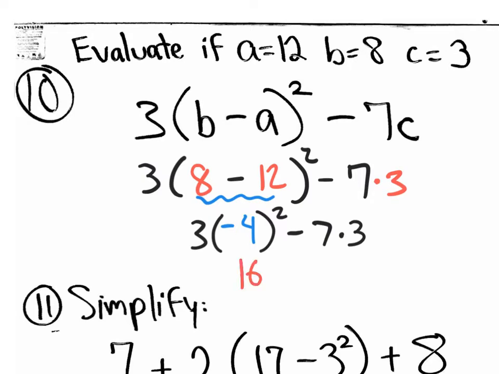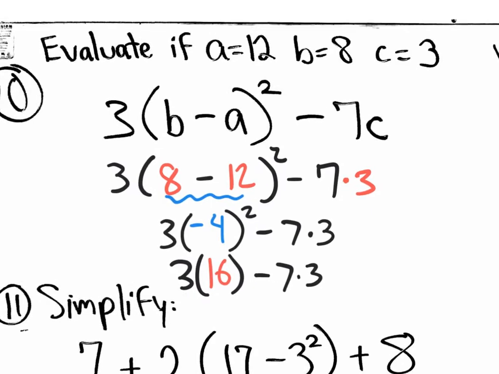And again, I'm going to rewrite everything else. The 3, I'm going to keep the parentheses there. I could have put a multiplication dot between the 3 and the 16. It's up to you if you want to use parentheses with a multiplication dot. And then we have multiplication and subtraction. So we're going to multiply, and at the very end subtract.